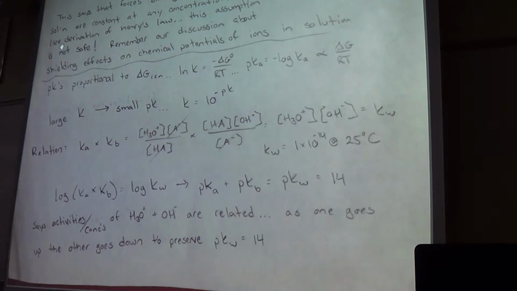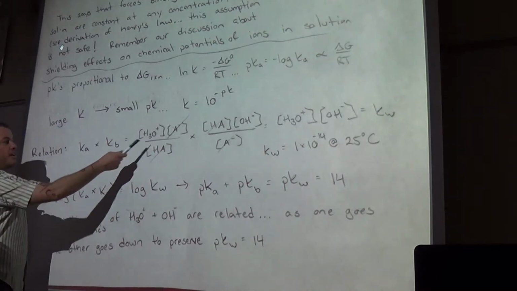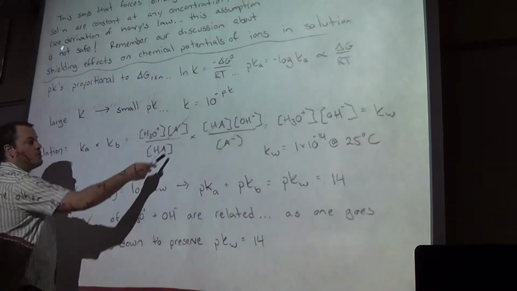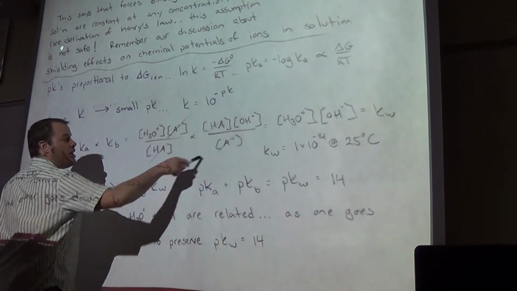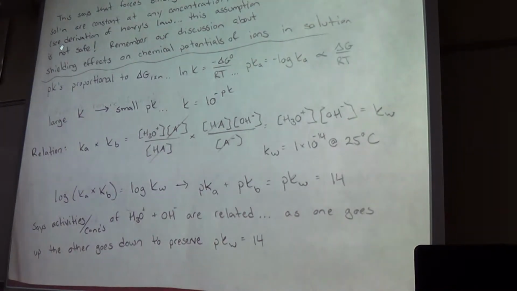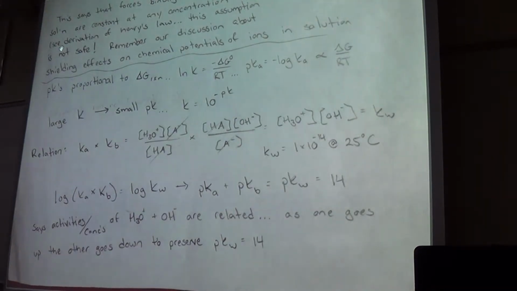We've got this relationship. If you take Ka and Kb for a given acid and you write those out, Ka is conc H3O plus times conc A minus over conc HA. Kb is conc HA times conc OH minus over conc A minus. You multiply those two by each other, and you notice that the HAs cancel out and the A minuses cancel out, and so Ka times Kb ends up being conc H3O plus times conc OH minus, which we know is the K of water.